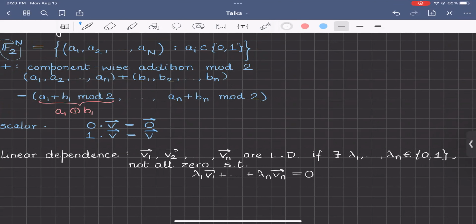But note that since each lambda i is 0 or 1, we can just remove the vectors that have a 0 coefficient and retain the ones that have a 1 coefficient.